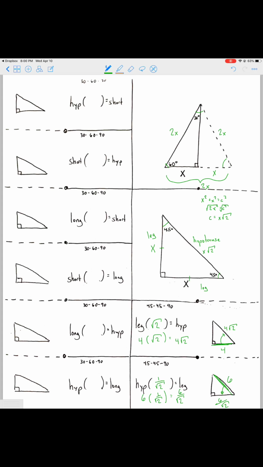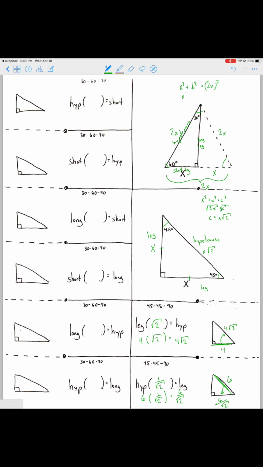Which means we can try to find this side right here. This is the short leg. This is the long leg. This is the hypotenuse.